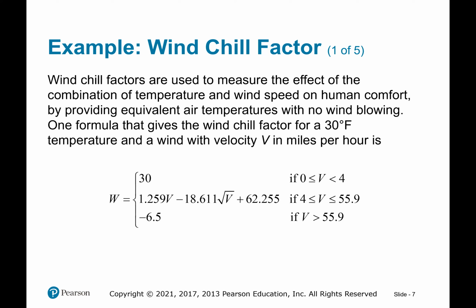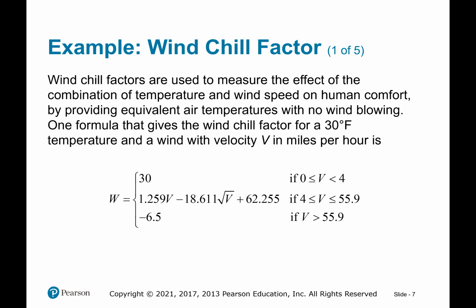If the velocity of your wind is between 0 and 4, including 0, but not including 4, the wind chill factor is 30. So if the wind speed is between 0 and 4 miles per hour, the air temperature feels like the air temperature. It feels like it's 30 degrees.